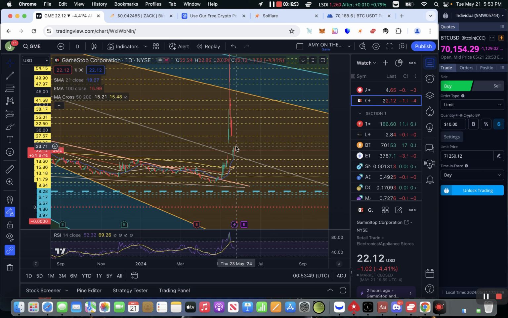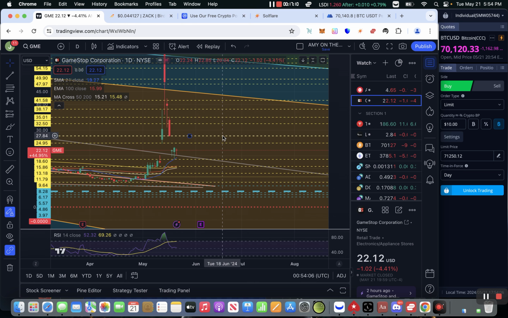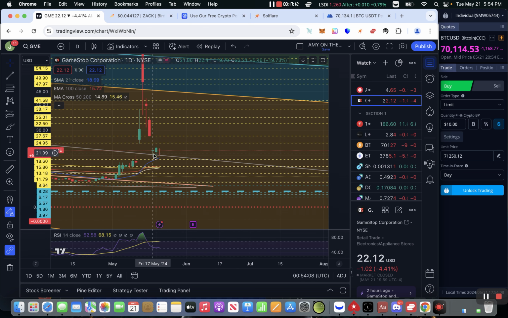It's already on the other side of this speed fan line, and just because you get on the other side of this line doesn't mean that we cannot come back over here and then go back up, because it pretty much did that. It wicked down, and now it's starting to find support.